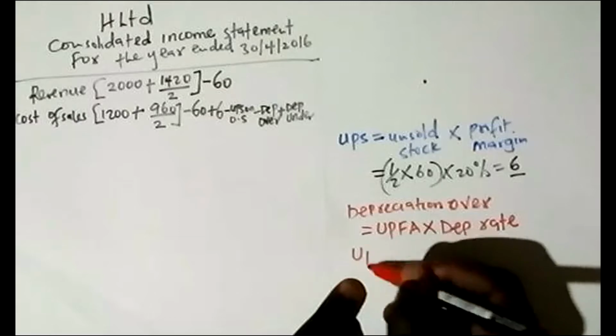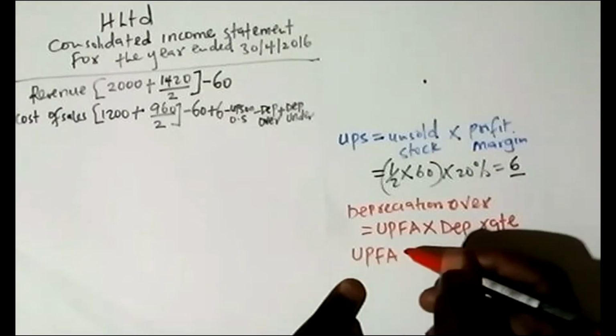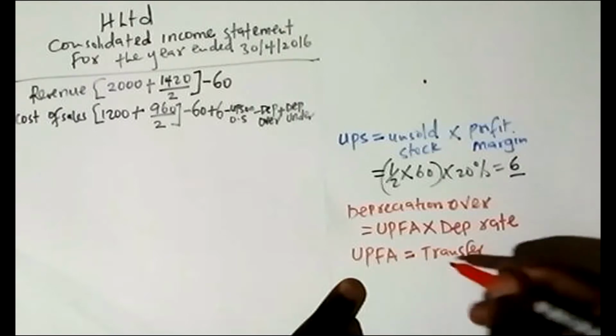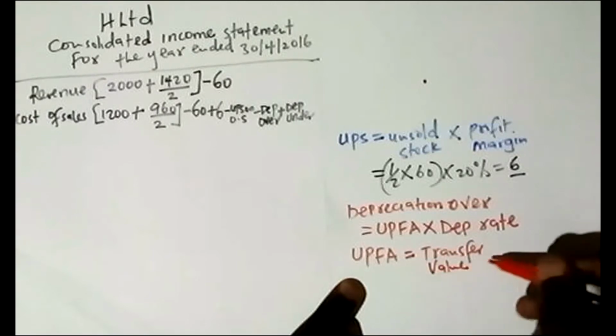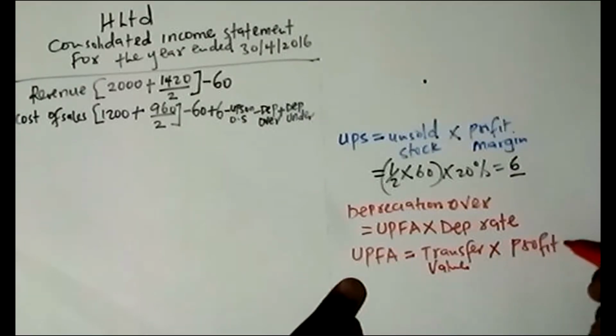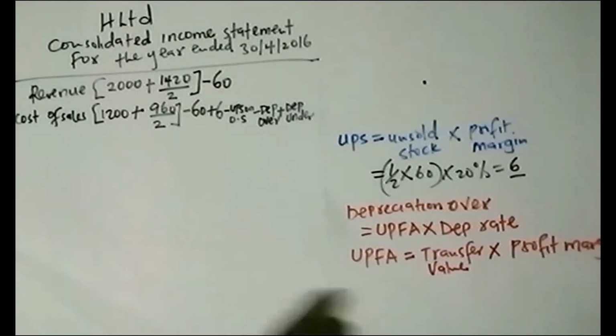To get this UPFA, you take the transfer value of the asset times the profit margin.